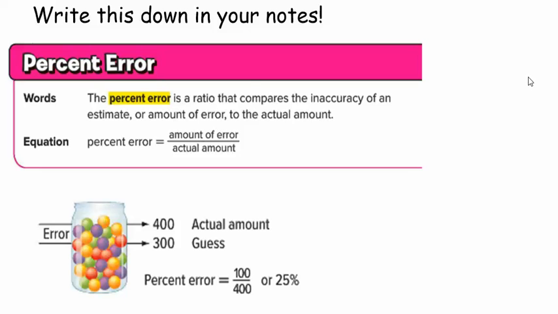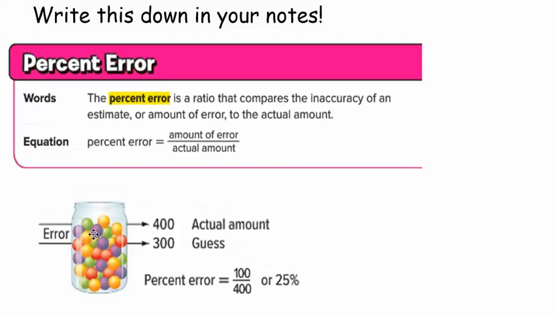I'm going to check those last 4, but let's go back for one more thing. It's kind of the same concept, percent error. Make sure you write this down in your notes. The percent error is the ratio that compares the inaccuracy of an estimate, or the amount of error, to the actual amount. So it's the error over the actual amount, really similar to what we just did.